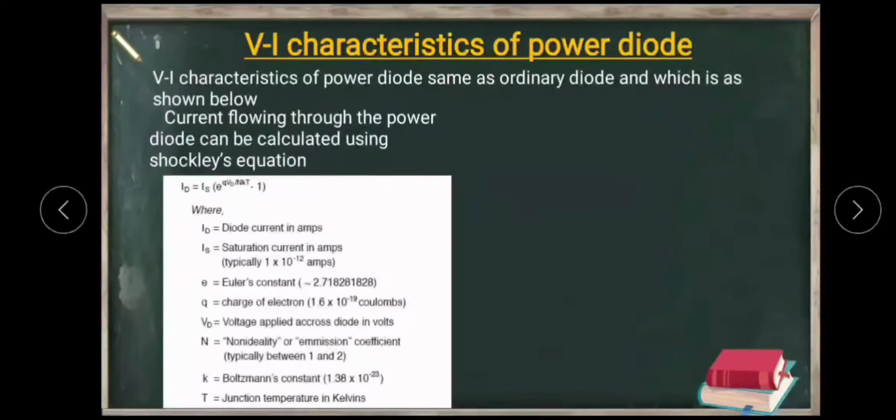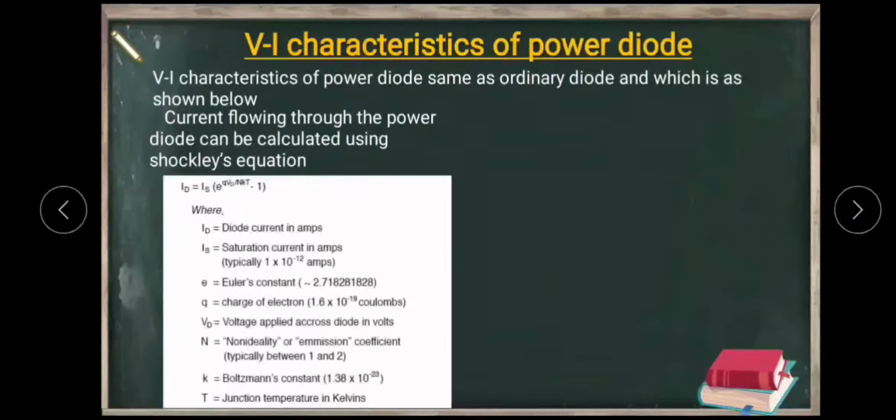As we know, Shockley's diode equation is ID equal to IS into e to the power of (Q Vd divided by N K T) minus 1, where ID is the diode current, or current flowing through the diode.